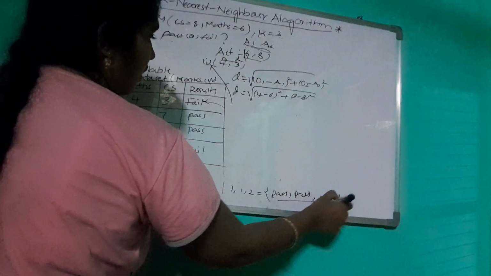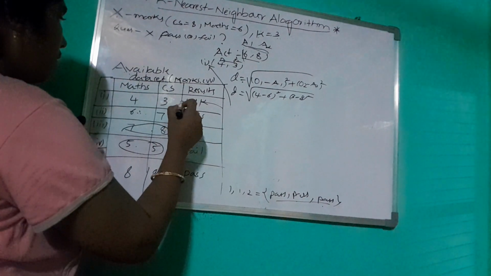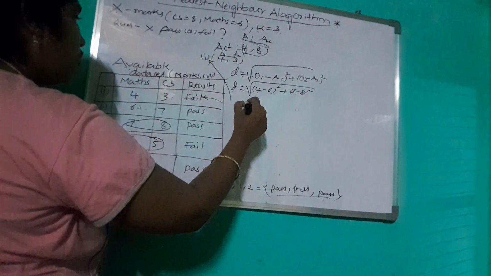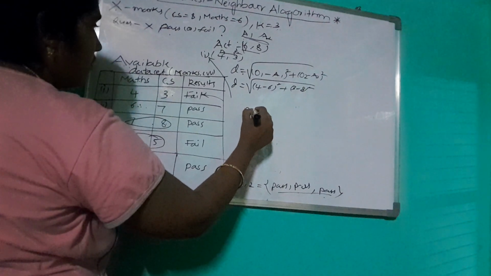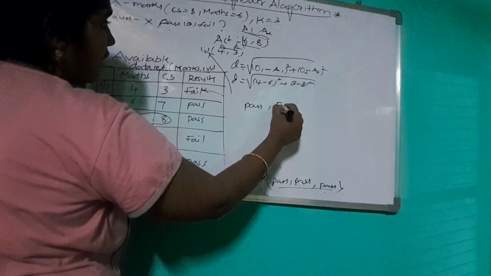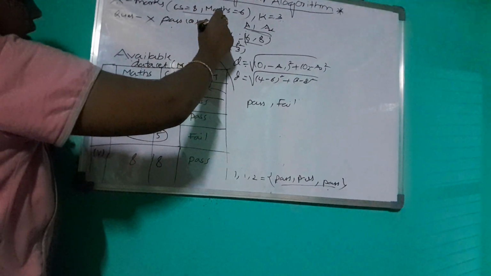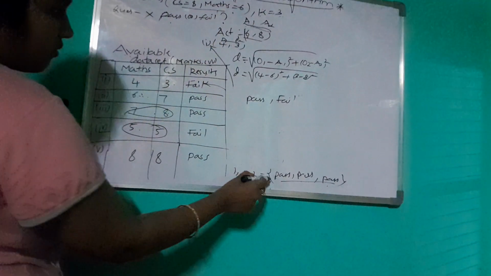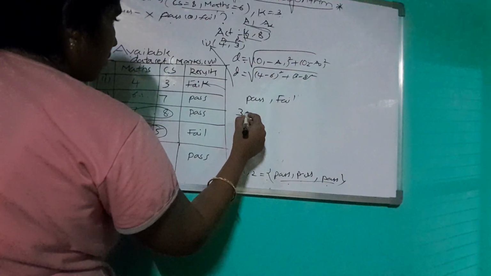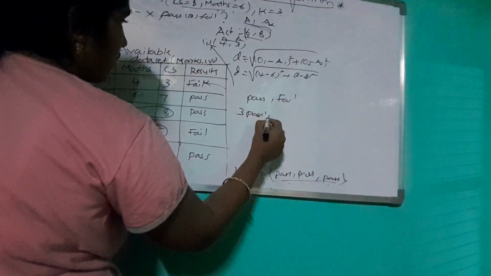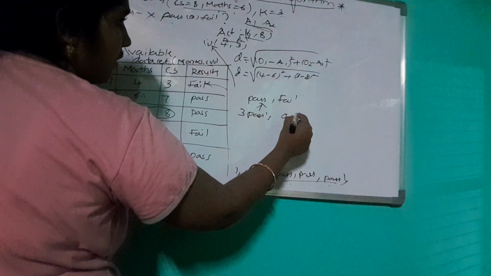Here categories are like this. So in this dataset, there are two categories, pass and fail. And for our given data point, we get these three passes, zero fails.